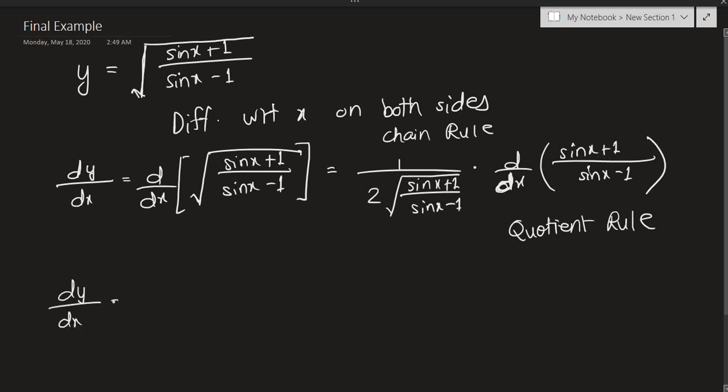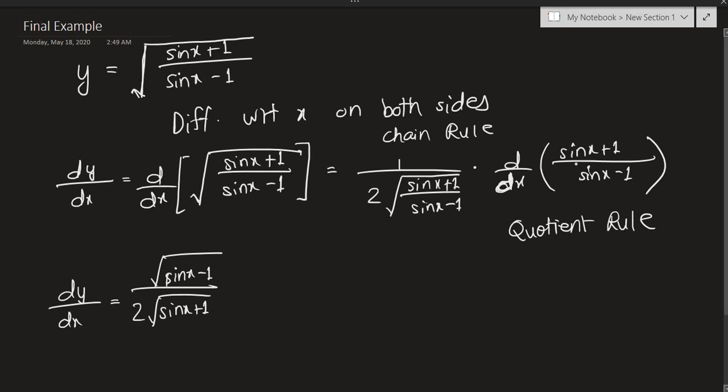So dy over dx is going to be, I can flip this up and write in the numerator, square root of sine of x minus 1 divided by 2 times the square root of sine of x plus 1, and the derivative of this thing. So I said let's use the quotient rule, right?